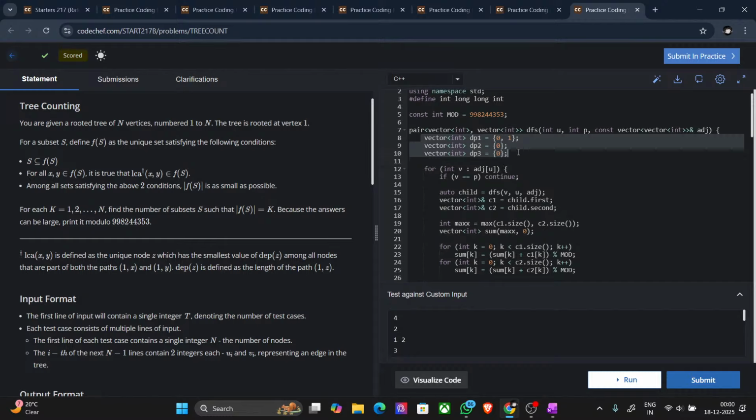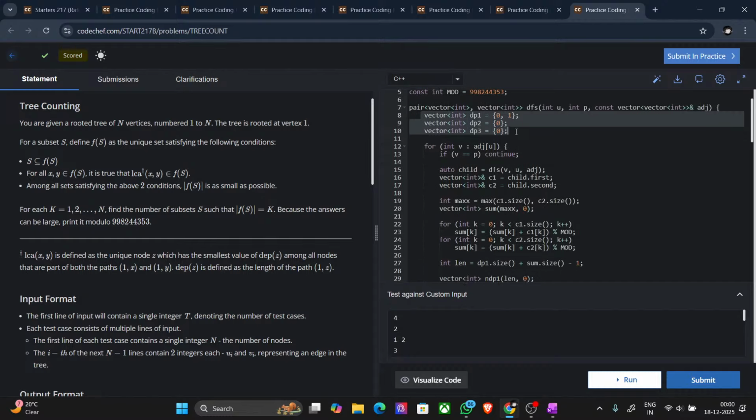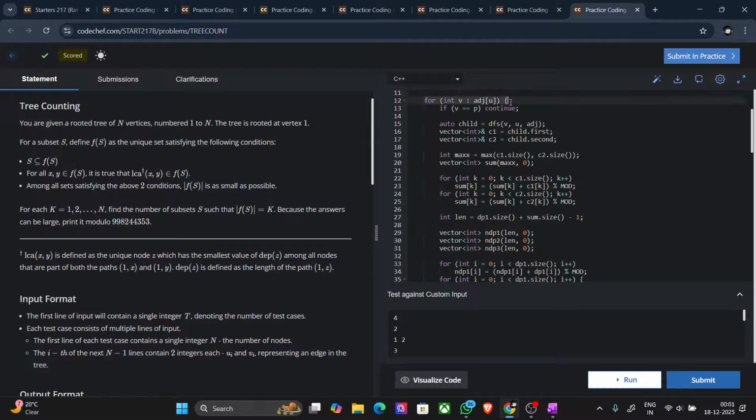In this I have made three DPs, which are the three states as I described. When U is present, I have to take the whole subtree of U. If U is not present and one child is present, then U need not be present in FS, and we just add the branch U in our DP2. And for DP3, two or more children of U are present, and we have to take U in our FS. So what I have done is iterate over the adjacency list of U.